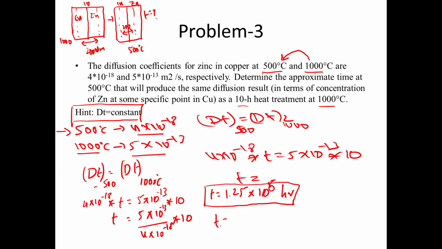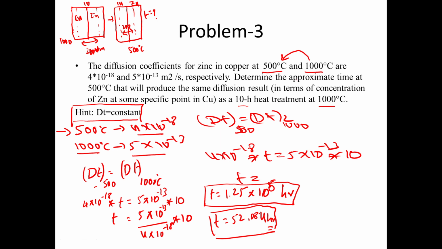If you want to convert this into days, divided by 24, it will take almost infinite, like 52,084 days almost. So doing a heat treatment for this many hours is highly impossible.